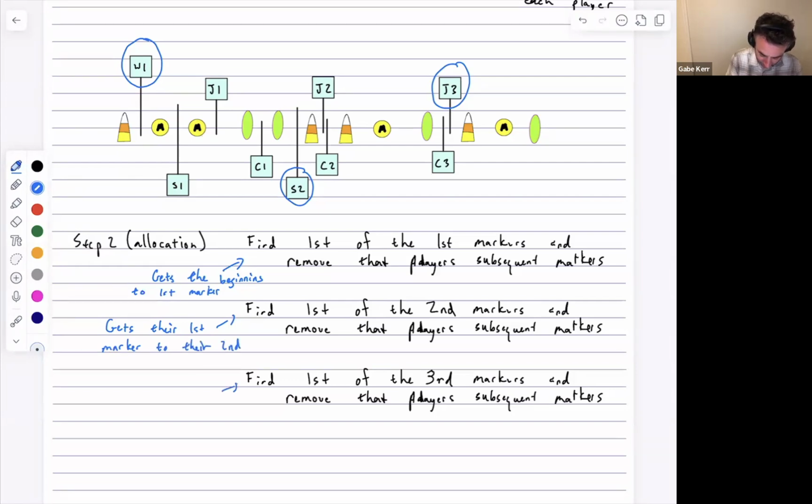The winner here gets their second marker to their third. And then, where we're missing one player, we have only 3, there's one more. The remaining player gets their last marker to the end.